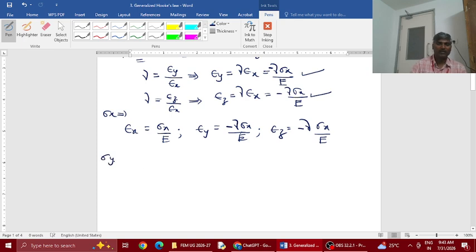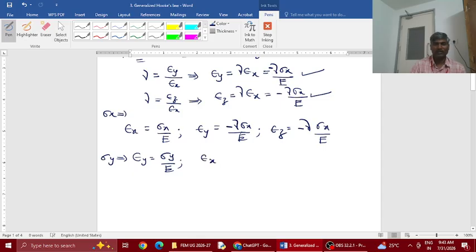Similarly, you can estimate the other directions also. Let us say there is stress in y, so we have epsilon y as sigma y by E, because this becomes longitudinal now. The other two directions become lateral.